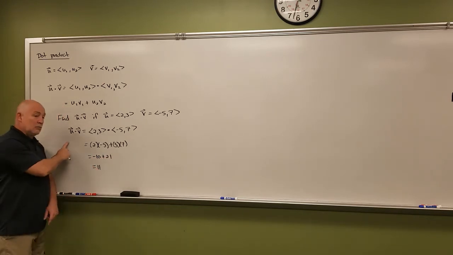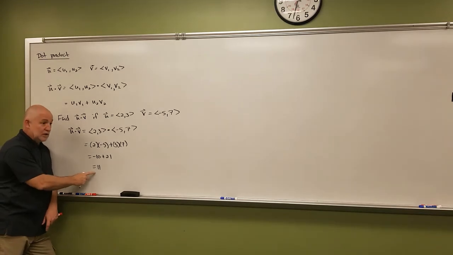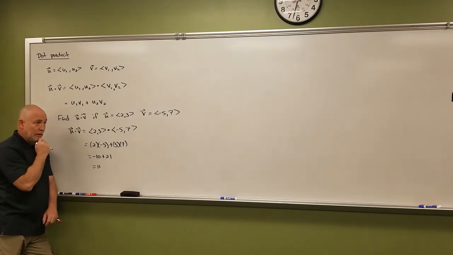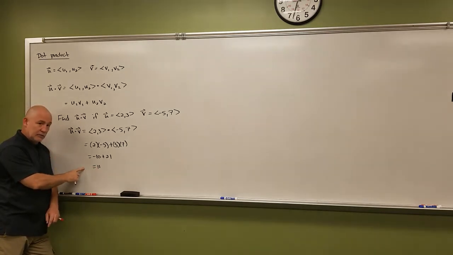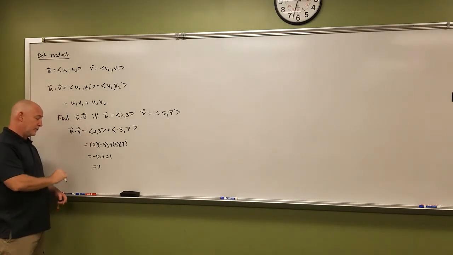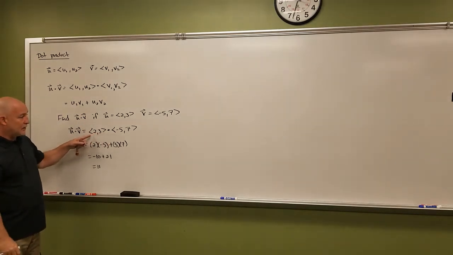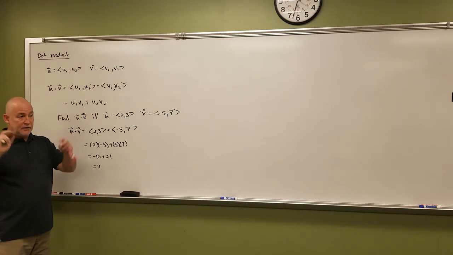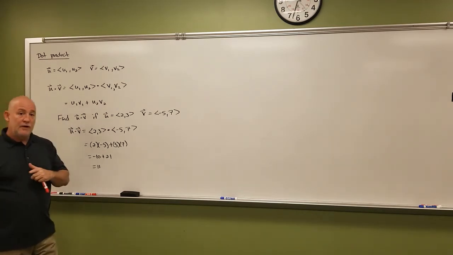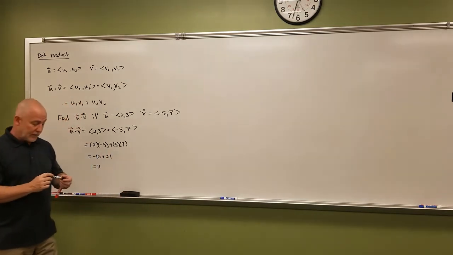Okay, so notice here when we do the dot product, we get just a number out, a scalar, so to speak. So what is this number? Well, it's kind of interesting, and we're going to be talking about this throughout the semester. When you do the dot product of two vectors, what you're kind of getting here is how much one vector points in the direction of another vector.